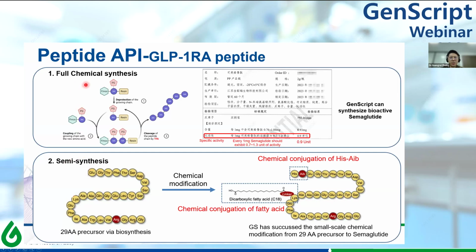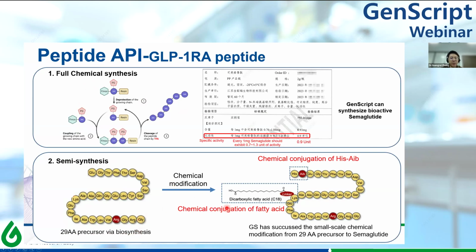For the full chemical synthesis, we allow very flexible amino acid modification and design, and we've already had some tests showing that the synthesized semaglutide is biologically active. And for the semi-synthesis, we use a 29 amino acid precursor made by biosynthesis, and we do the chemical modification.